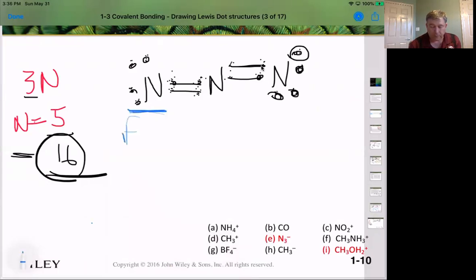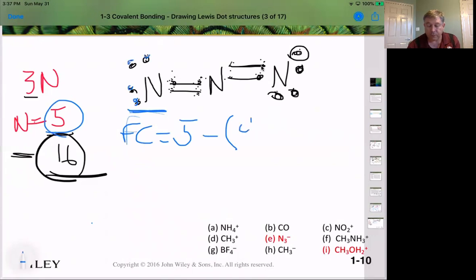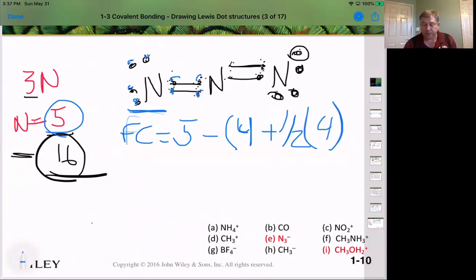Formal charge is equal to the number of electrons it brought with it, 5, minus non-bonded electrons, 4 right there, plus 1/2 of the bonded electrons, 1, 2, 3, 4. So 1/2 of 4 is equal to 2.